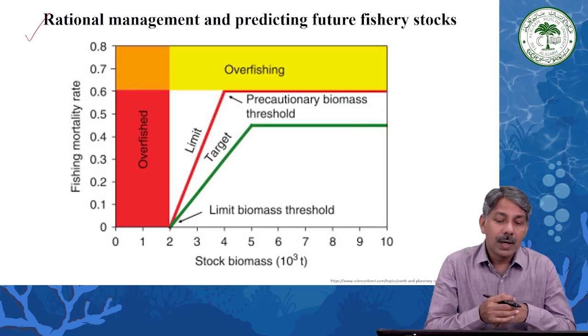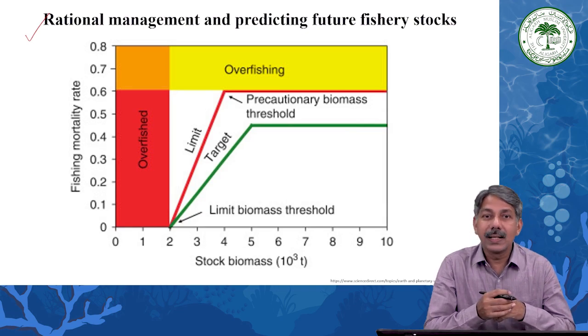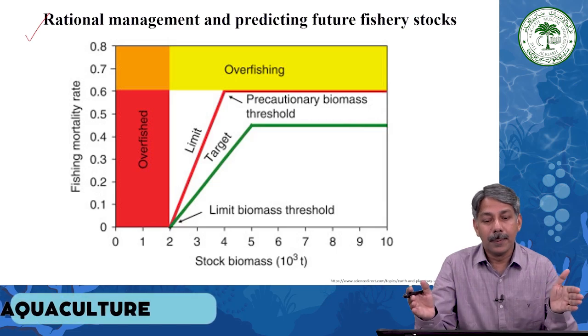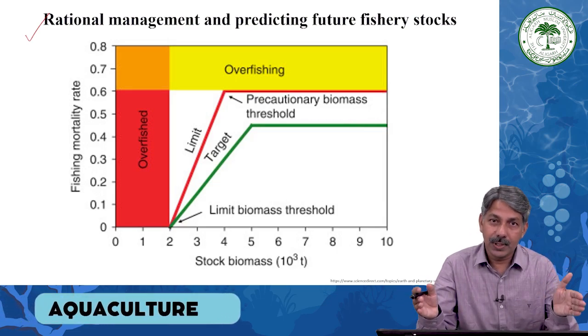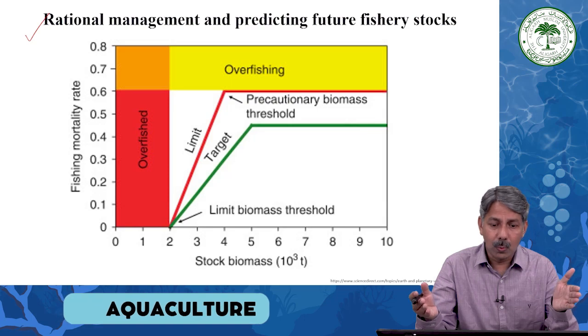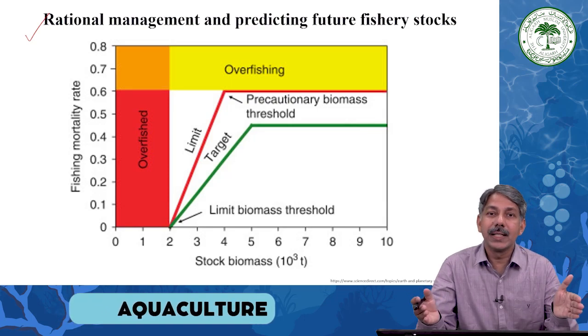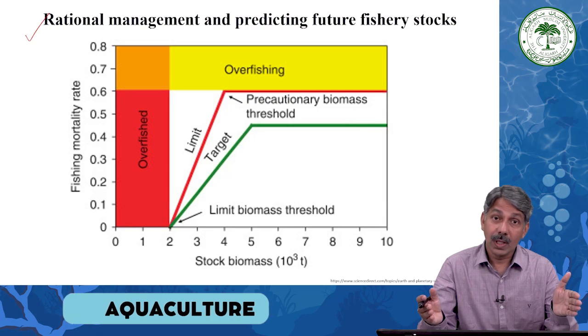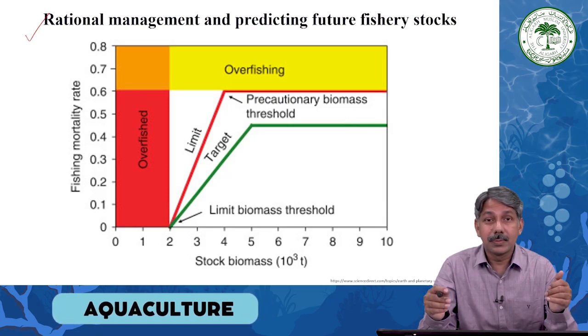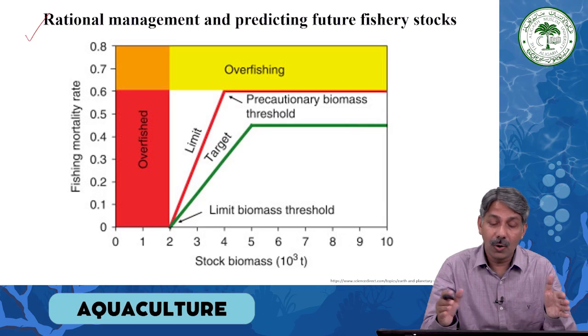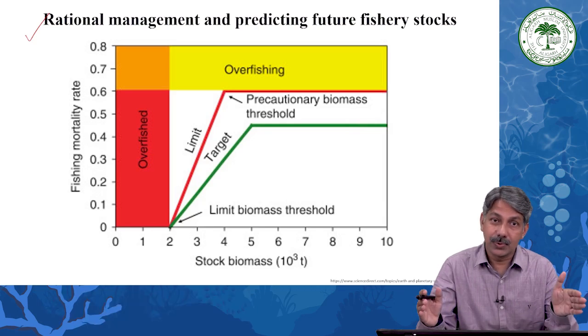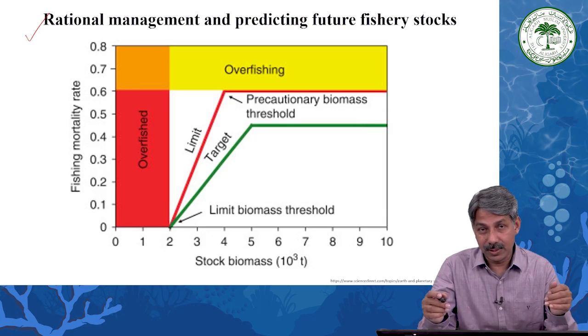If we have age and growth information, then we may also understand, in a given area, in a given region of the natural water body, what is the total number of any given fish species, what is the total biomass of that particular fish population in that area, all the members of one fish species which we are going to study, how many numbers are there, what is the total weight, and what is the age structure of that population.